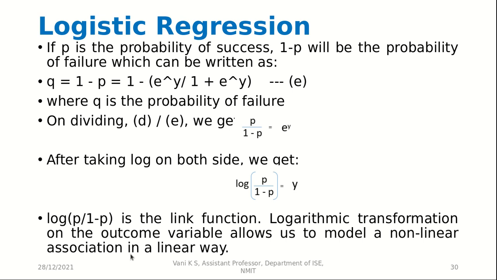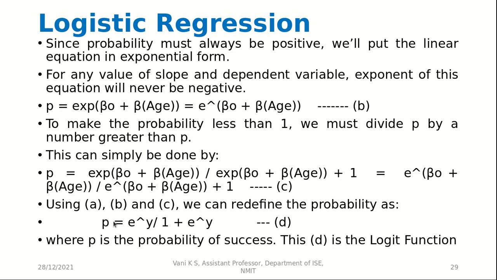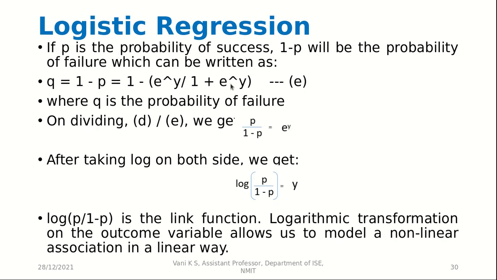Now if p is the probability of success, 1 minus p will be the probability of failure, which can be written as q is equal to 1 minus p. So we just do a simple subtraction: 1 minus e to the power y upon 1 plus e to the power y. Here q is the probability of failure, keep that in mind.